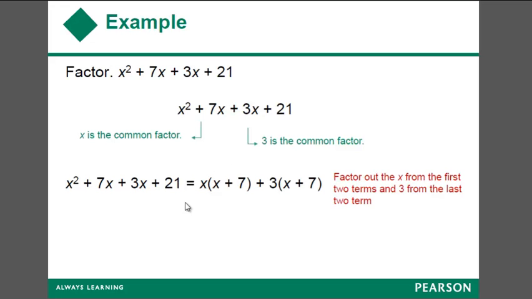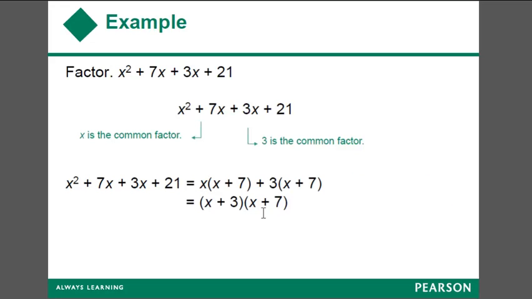And this is what it will look like, because I have factored out an x from the first two terms, and I have factored out a 3 from my second set of terms. Notice, now my sets of parentheses are the exact same, x plus 7. They now become my common factor, and I can factor out an x plus 7 and have x plus 3 left over.